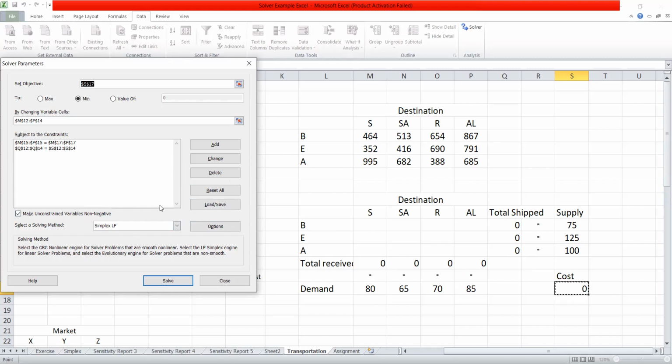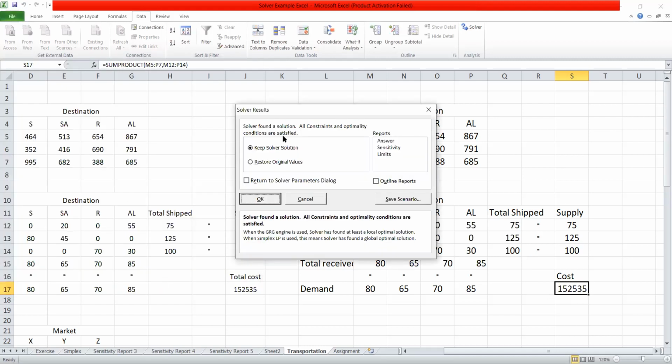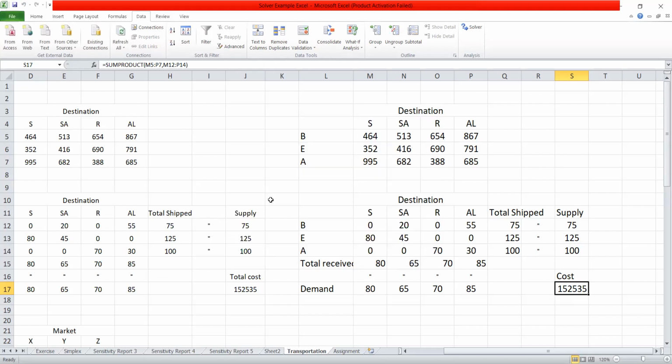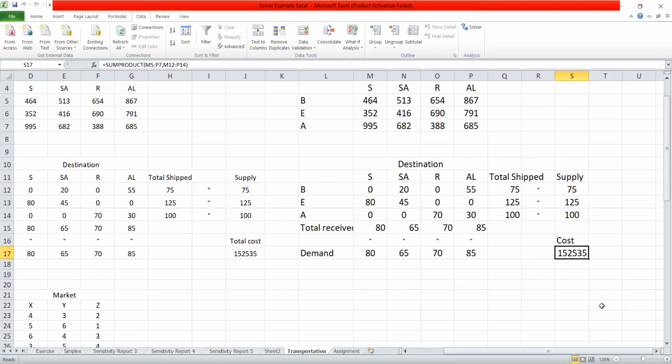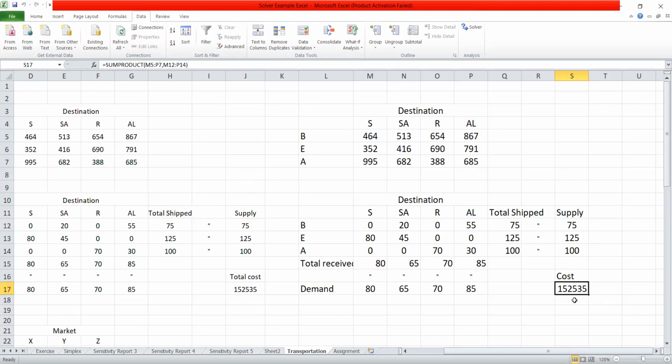Now we select the calculation method and make sure this is Simplex LP, and then press Solve. Then it asks whether you want the sensitivity report and other things. We will go with that later. Then press OK. Now you can see our answer: the total transportation cost is $152,535.